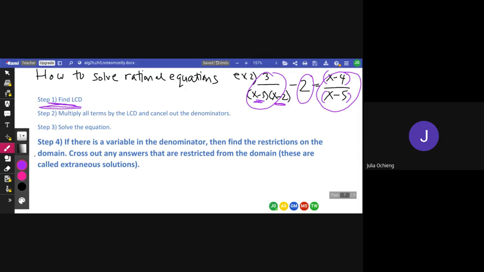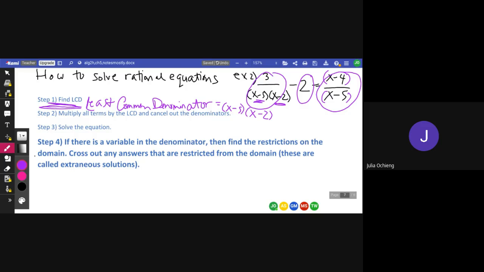So my LCD, or my least common denominator, equals x minus 5 times x minus 2. I'm working on trying to figure out how to best use this computer and write on it, so I apologize for the sloppiness.